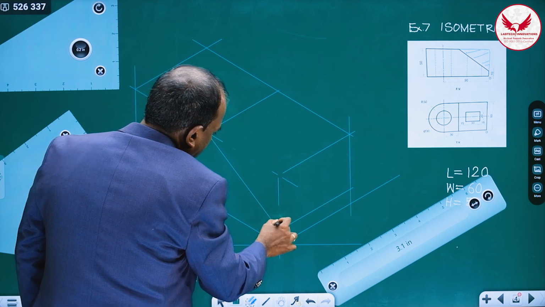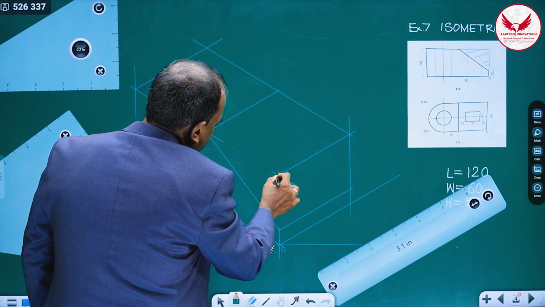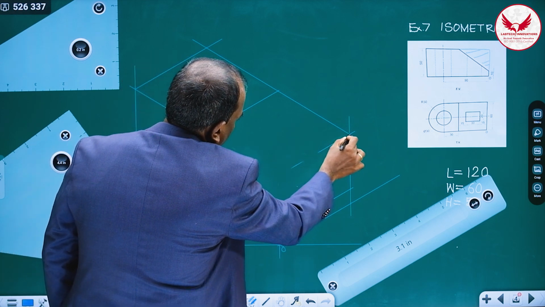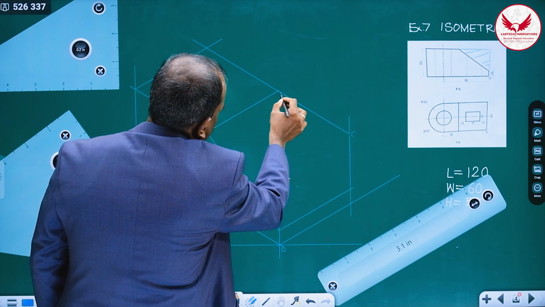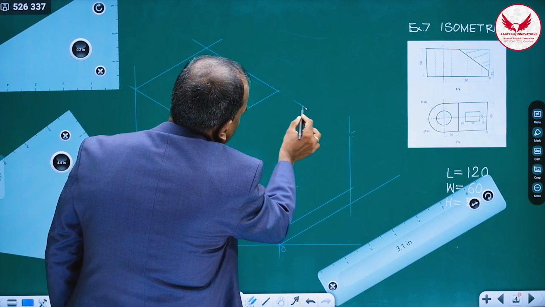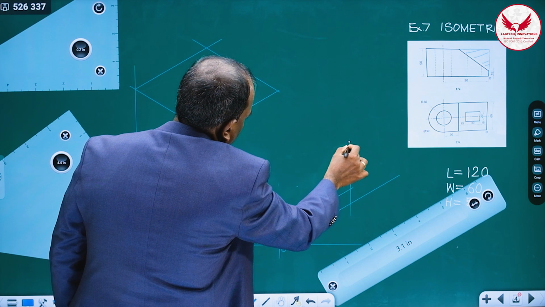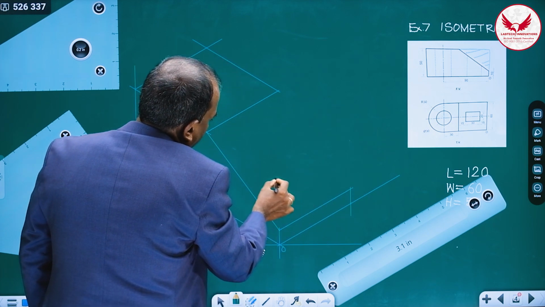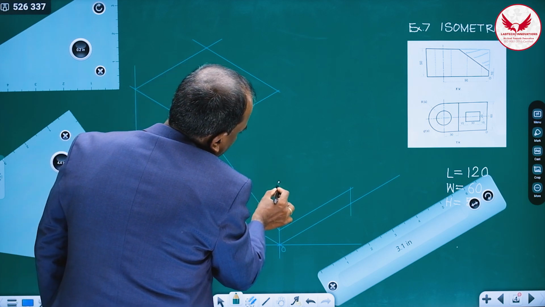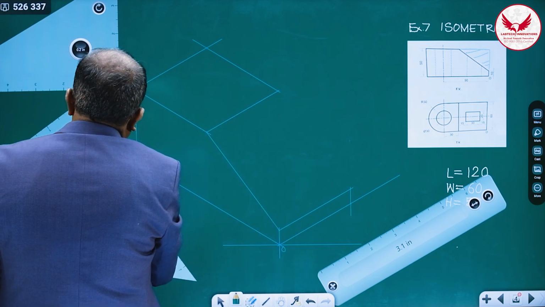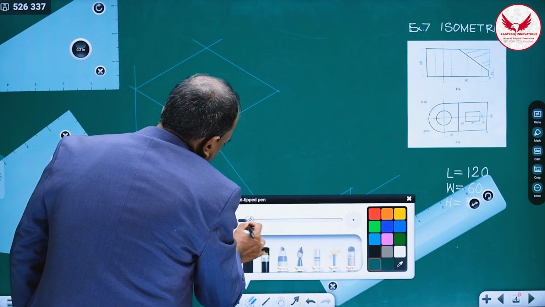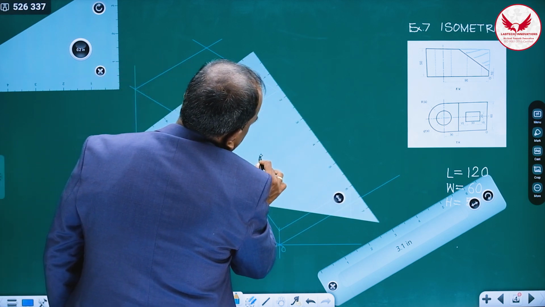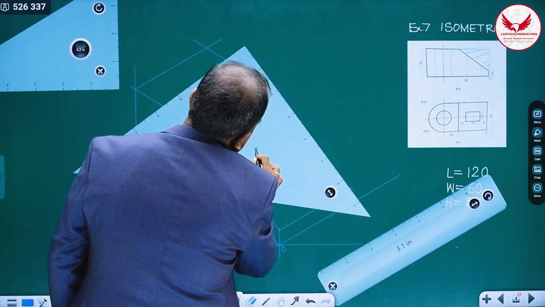For the triangular cut, we'll remove this 1, 2, this 3, it is the fourth line. With the help of an eraser, if you remove, it will be much better. We have already marked these two lines like this, and draw one more line from this, so it will definitely match with this.